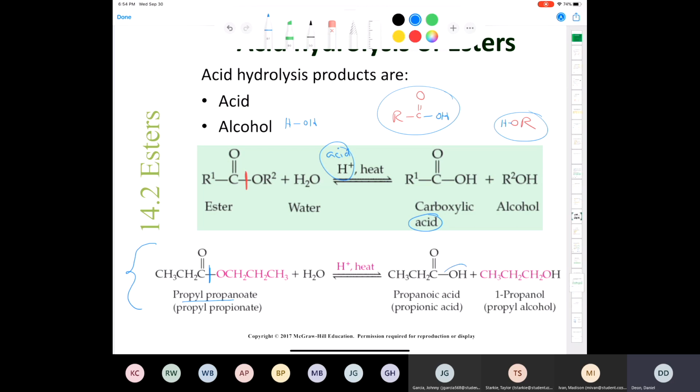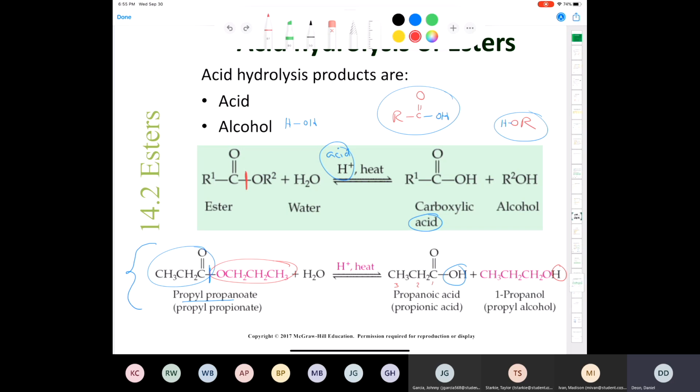I'm going to put a hydroxyl on this portion, and I'm going to put a hydrogen on this portion. And then I'm just going to look at them, and I'm going to say, okay, I got a 1, 2, 3 carbon carboxylic acid. That's propanoic acid. That's the IUPAC name. The common name is propionic acid. And for my alcohol, I have 3 carbons, so that's propanol, 1-propanol.